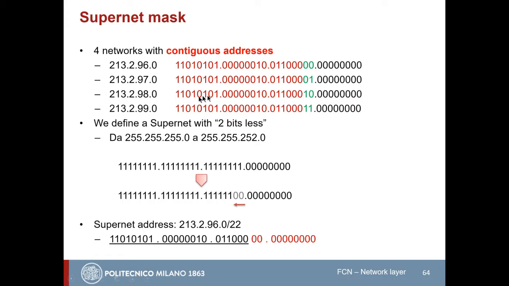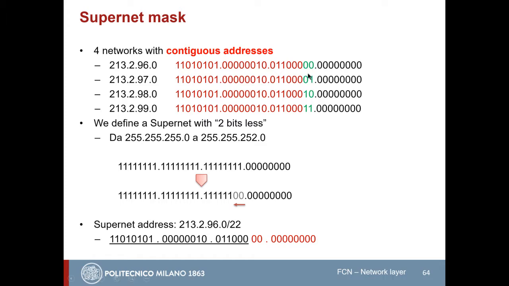It's very simple. When we wanted to subnet a specific range of addresses, we extended the net mask. In this case, we want to aggregate, so we shorten the net mask. For instance, this is the binary representation of the addresses. You can see that they have in common the first 2 bytes and up to the 6th bit of the 3rd byte.